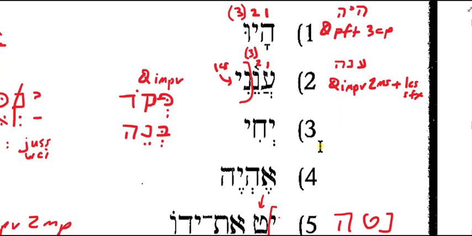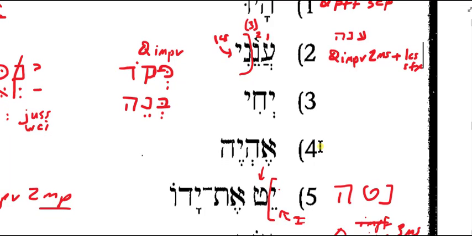Now, number 3 is yechi. Here, I have what looks like a prefix yod, and perhaps then what I've got is root 1, root 2 in the form of a hireq yod, and root 3 is missing. Okay?